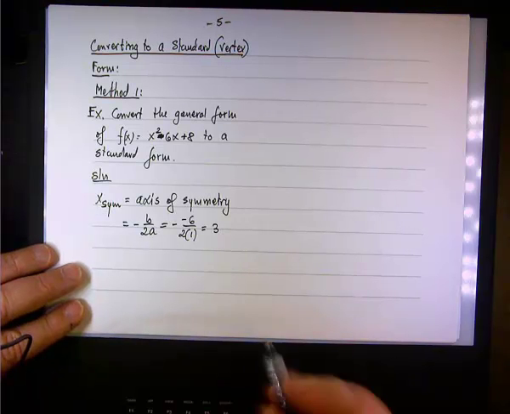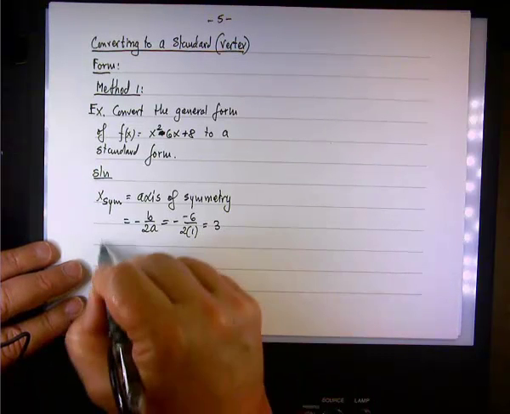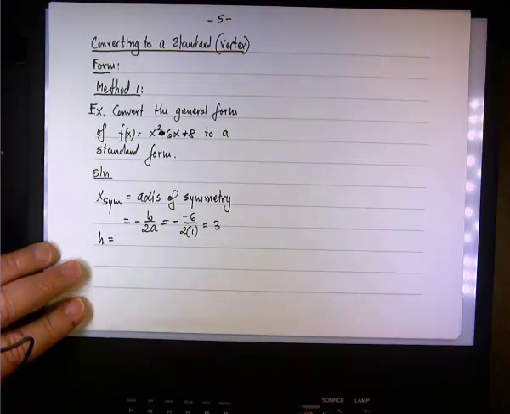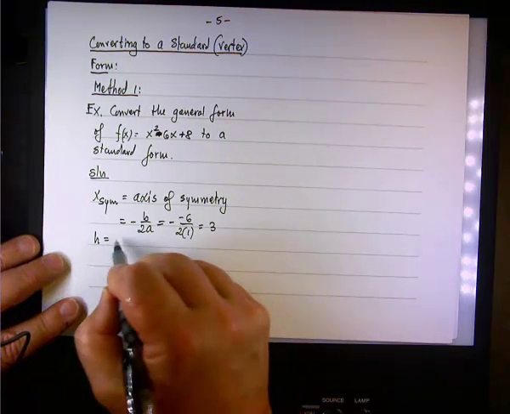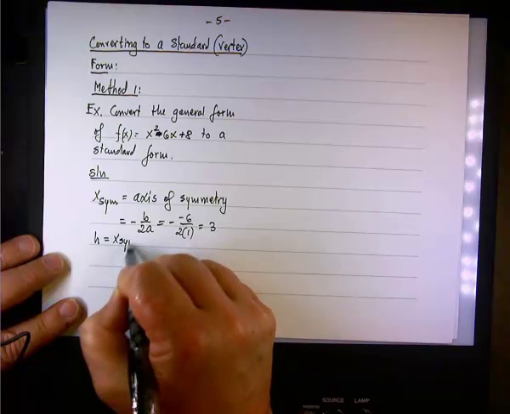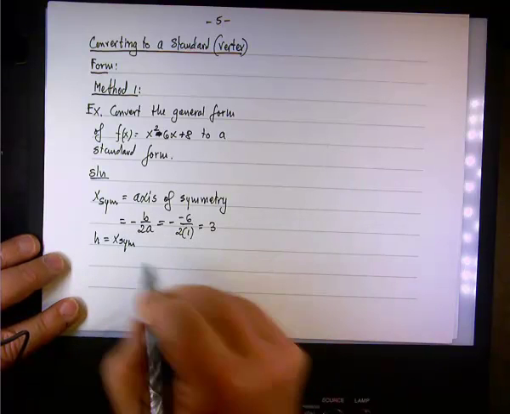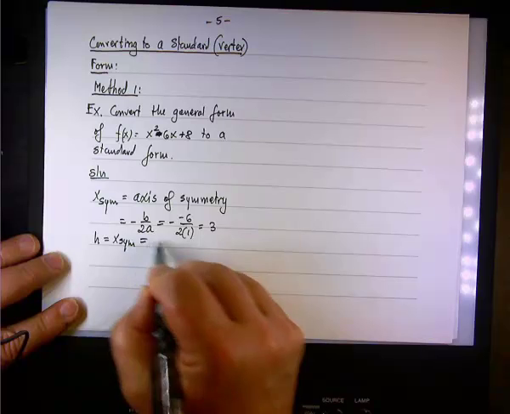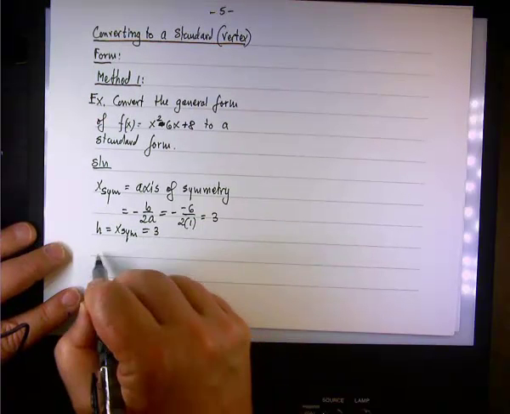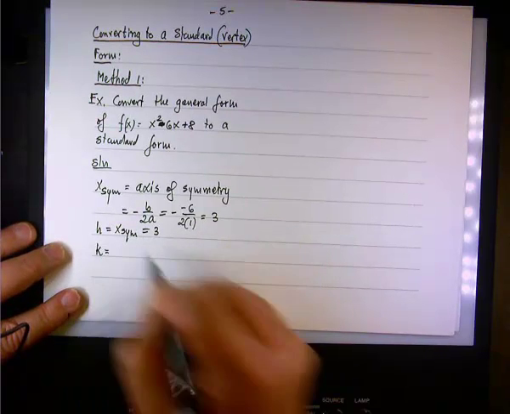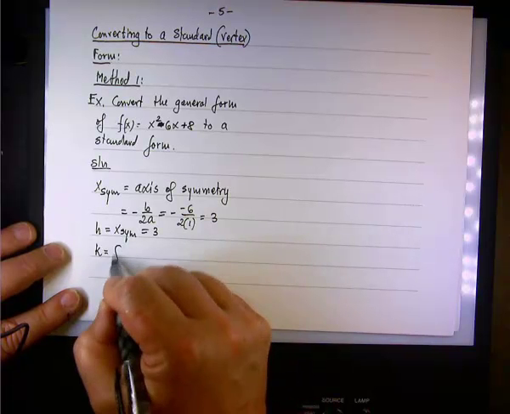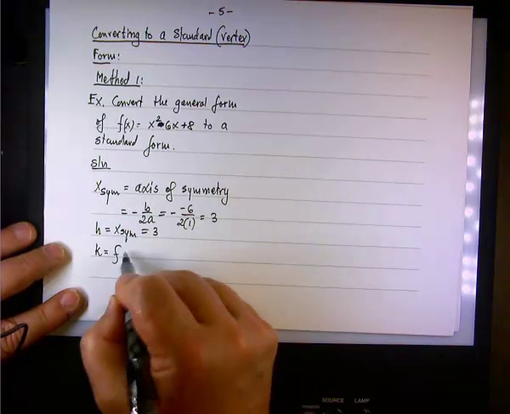Okay? So we know since h, the x value of the vertex, lies on the axis of symmetry, then h equals x sub symmetry, and it's also equal to 3. And now what about k? K is the y value, so it will be the function value when x equals 3.